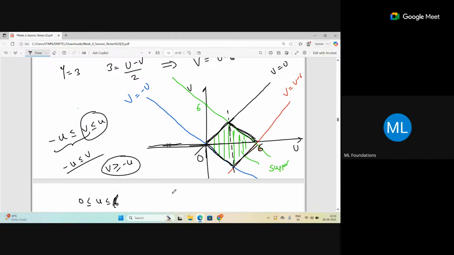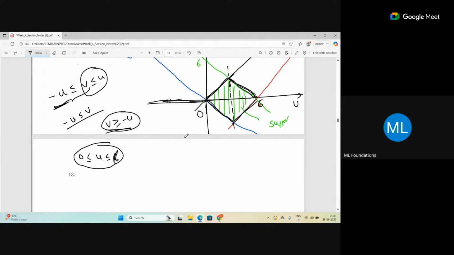So what it is saying is that if you take the values between 0 to 6, it will follow this also, and at the same time it will follow this also, right? So v is greater than or equal to minus u, and v is less than or equal to plus u.